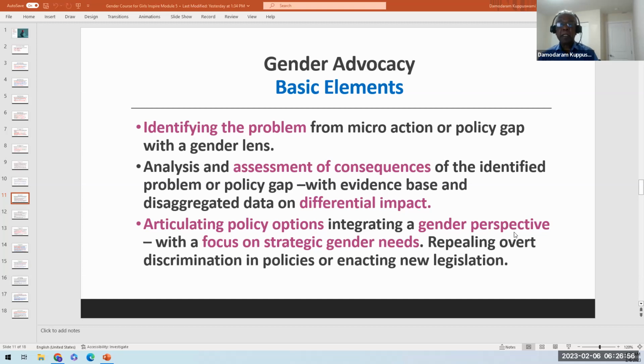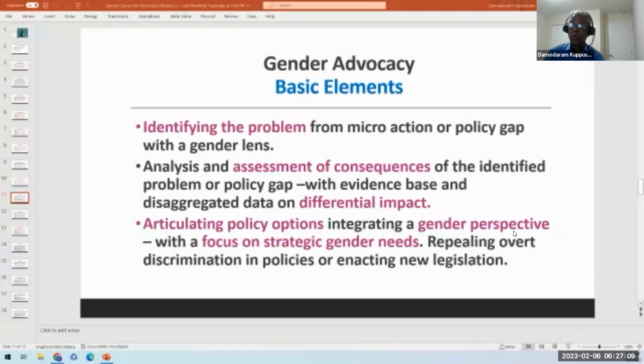Having identified the problem and analyzed the problem, it needs to come up with the options that we are suggesting. What options emerge from this analysis? What would we like to demand? What would we like to communicate to policymakers about the need? And this, as we have been saying, is a focus on the strategic gender needs.